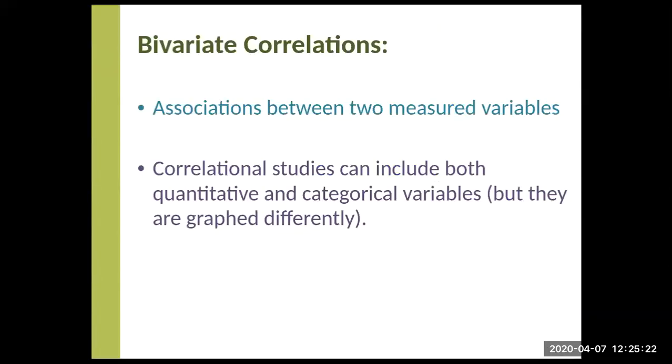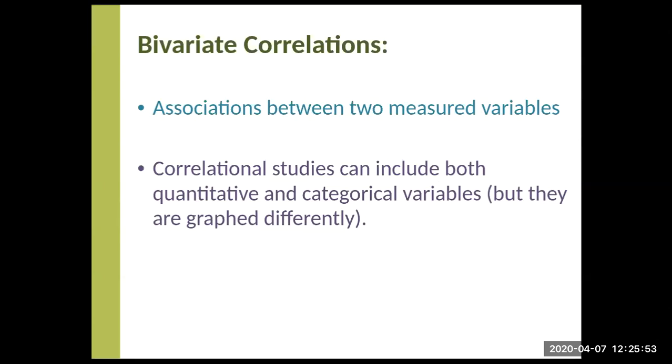Again, I'm pointing this out, and I'm going to repeat myself until you're sick of hearing me say it. In Latin, that's ad nauseam, until it makes you sick. What makes a correlation or an association claim is that it is an association between two measured variables, which means if it is a scatter plot, that does not always mean we are looking at an association claim. Sometimes we're looking at it for reliability or validity.